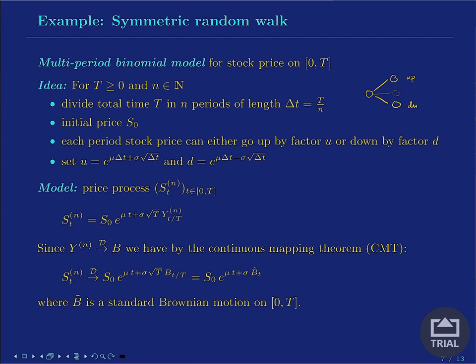So this e to the mu delta t factor is present in both the up and the down, and then we have the risky part where we have e to the plus sigma square root delta t in the up and e to the minus sigma square root delta t for the down.